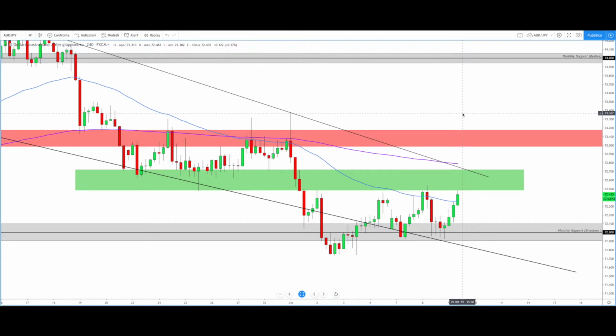So we need to watch very carefully this macroeconomic situation on the Brexit deal and on the trade war, because this obviously was a key event for all the market, and the trade war is moving the market very strongly. Especially because the Australian dollar and Japanese yen are both strongly impacted by the news on the trade war.